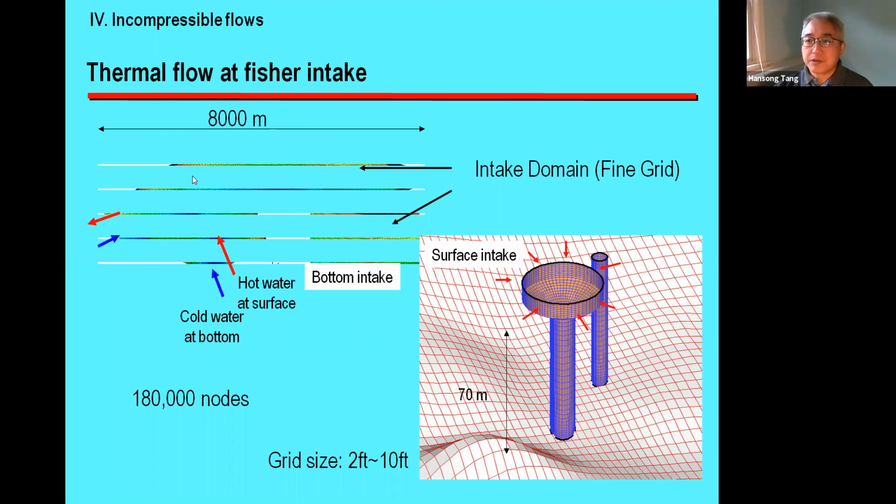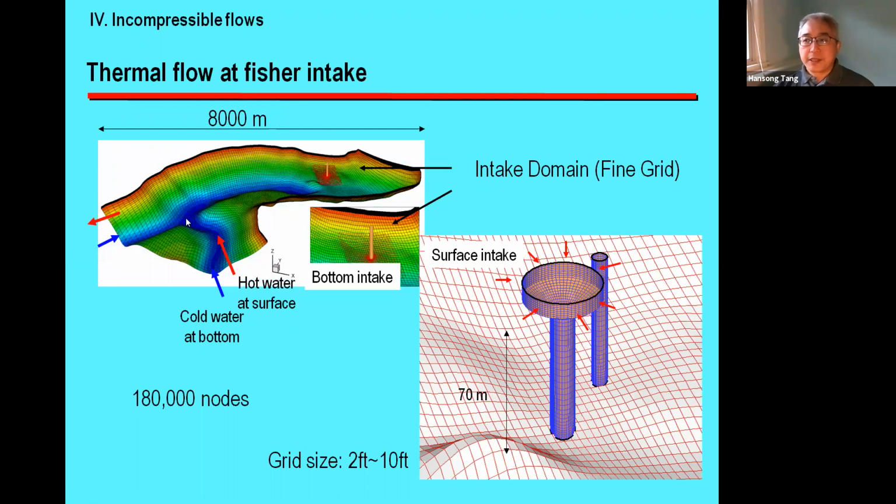And here is the flow in a reservoir. In this reservoir, there is thermal stratification, meaning on the top there is a layer of warm water. Furthermore, in this reservoir there is a sort of fish. They tend to stay in the warm water on the water surface. Later, a project was built here, like this one.